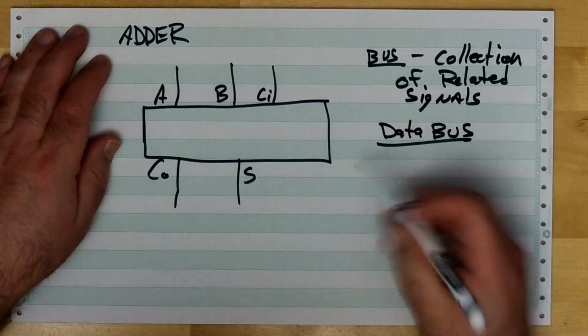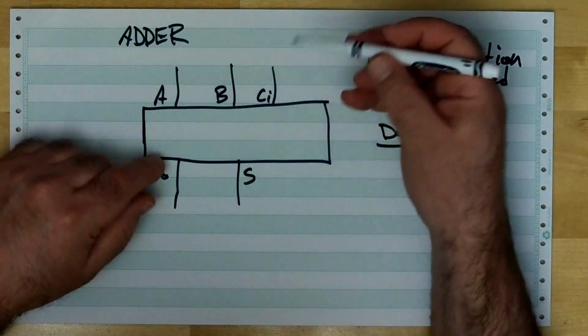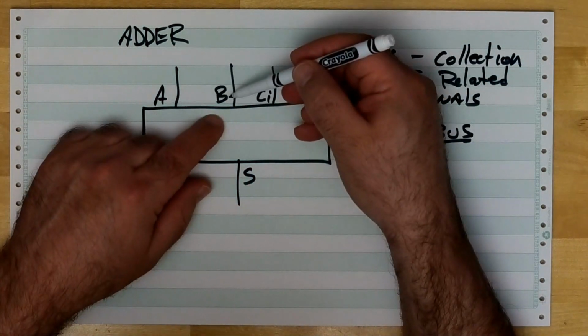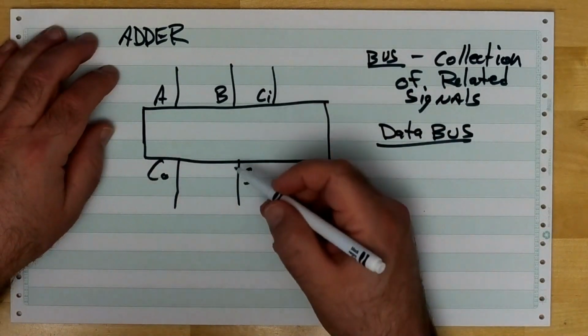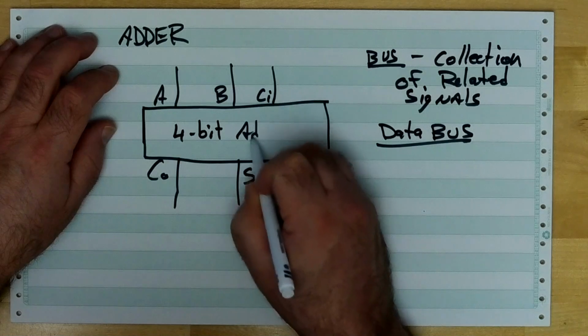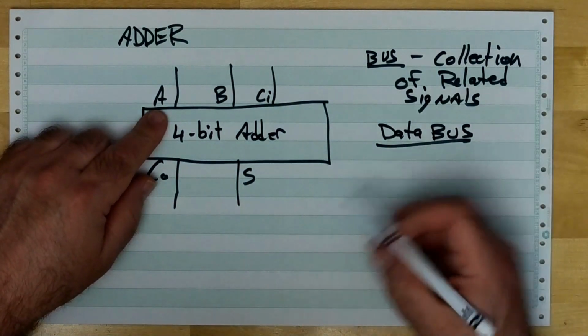Now, if this was an adder that had 4 bits for A, 4 bits for B, and 4 bits for S, this would be a 4-bit adder.